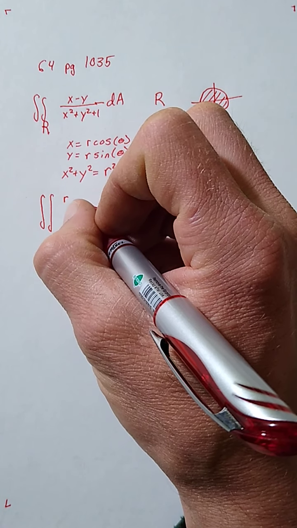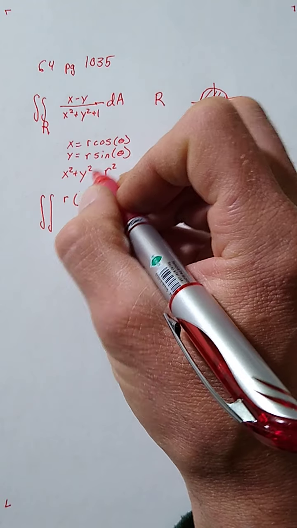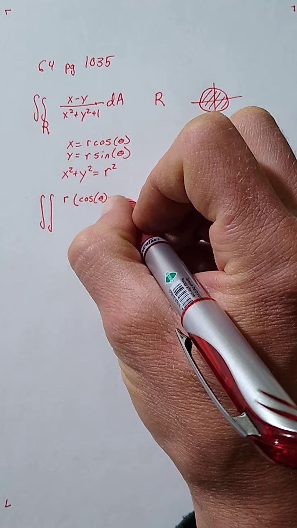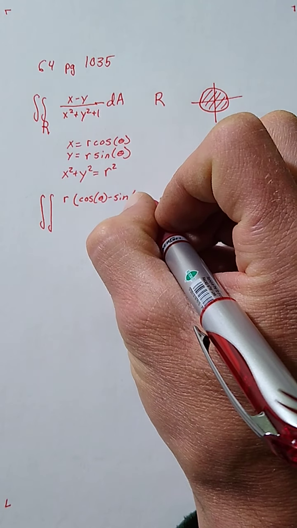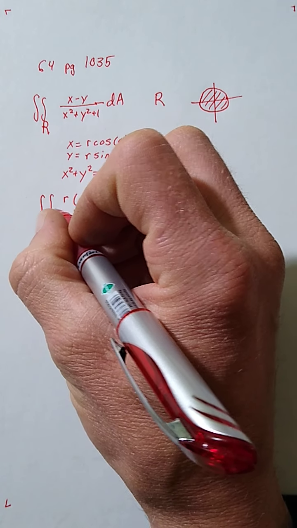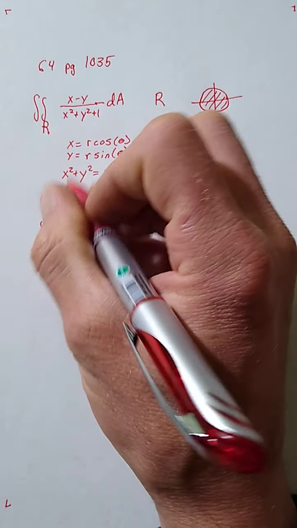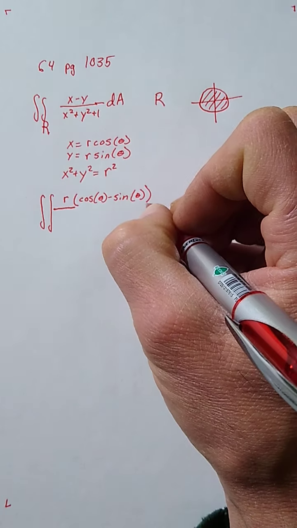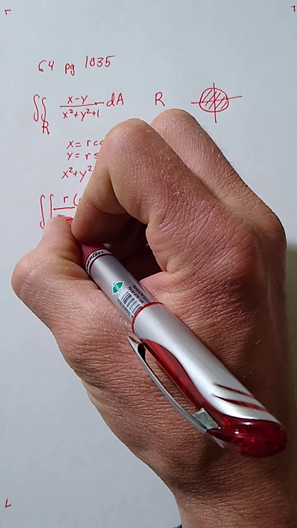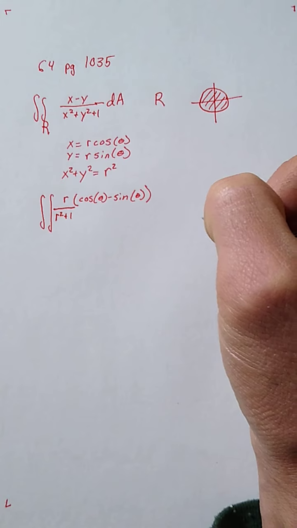Okay, so making these substitutions, our integral becomes the integral of r times, so then x is cosine theta minus sine theta, over, and I'm going to write this slightly funny just because I don't need to put the whole thing over the bottom. I can just divide the front part, and then this just becomes r squared plus 1.